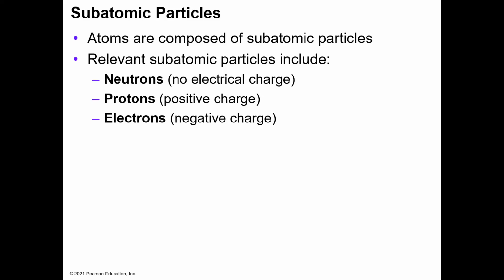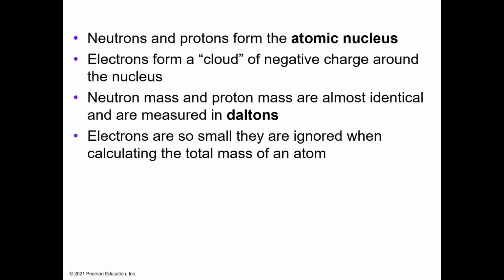Neutrons are neutral, they have no electrical charge. Protons are positive, so they have a positive charge. And electrons are negative, they have a negative charge. Neutrons and protons form what we call the atomic nucleus. They form the center of an atom. And it is the neutrons and protons that actually have mass.